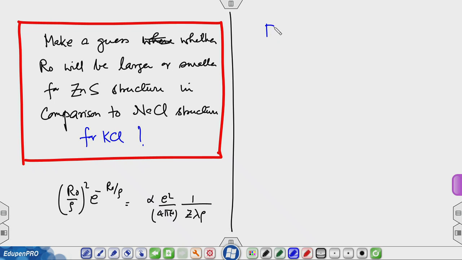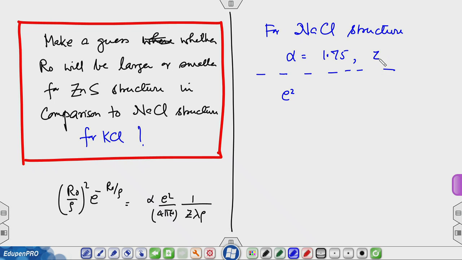So, for the NaCl structure, you have alpha equals 1.75 and z equals 6.